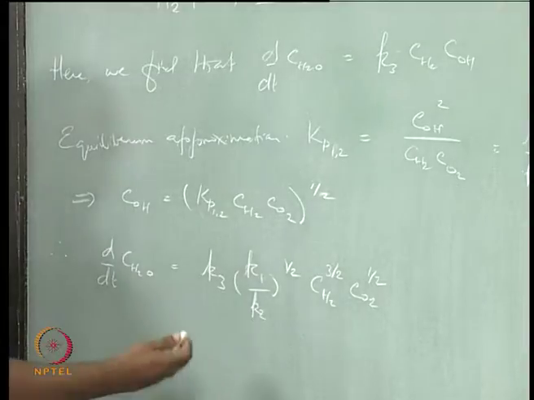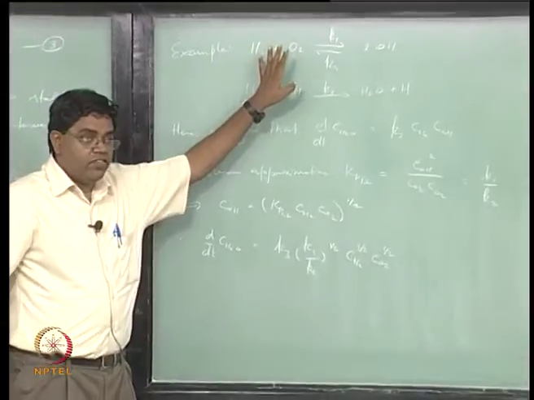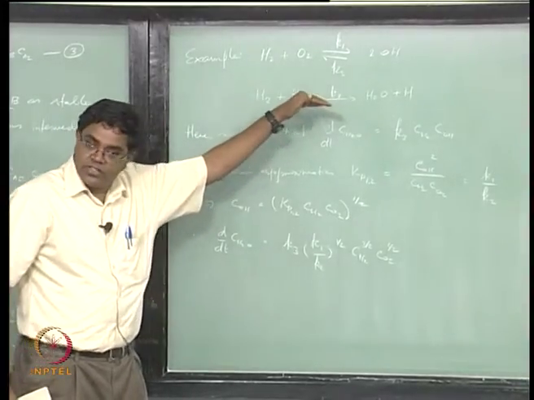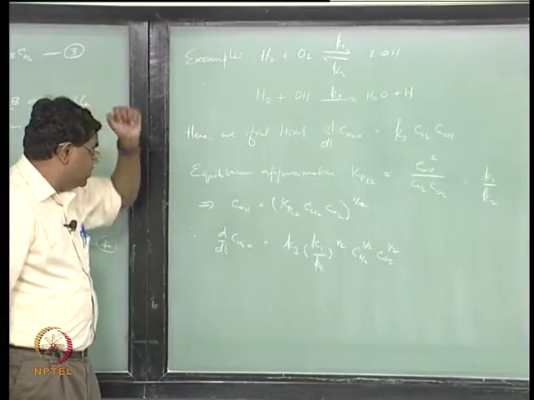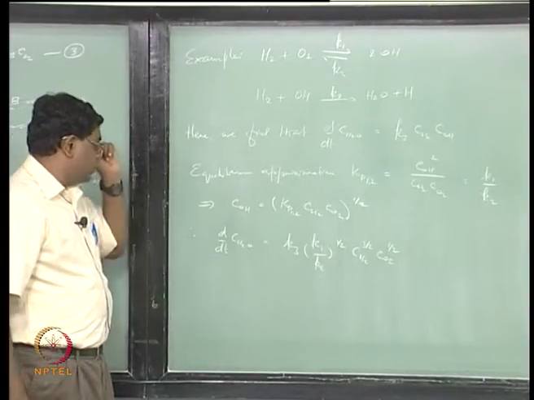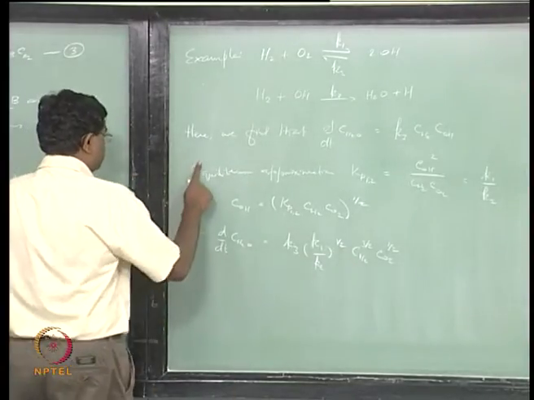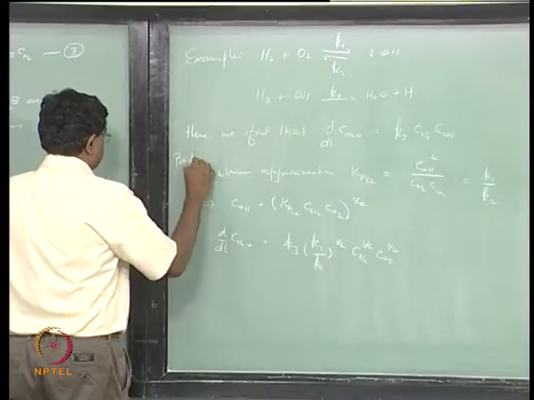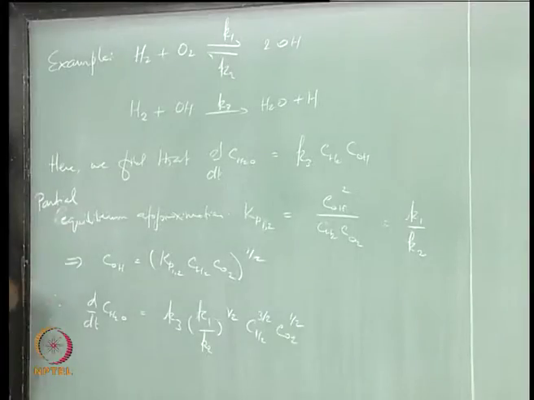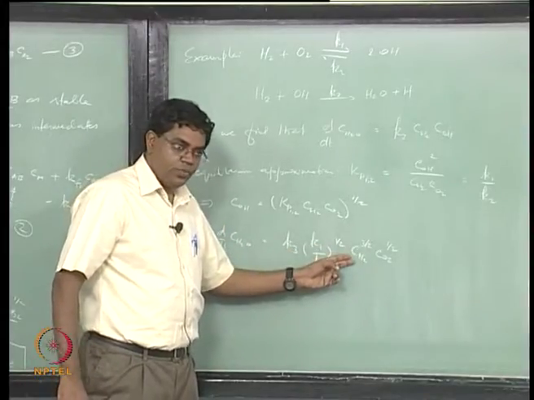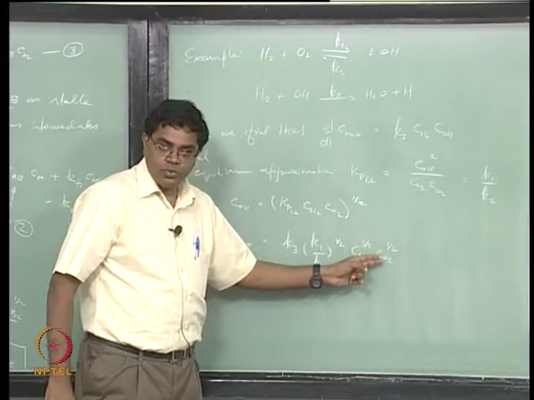What it means is if you were having this as the reaction scheme, like a 3-step reaction scheme for production of water, right, then the partial equilibrium approximation tells you that the rate of production of water actually depends on CH2 to the power 3/2 and CO2 to the power 1/2.